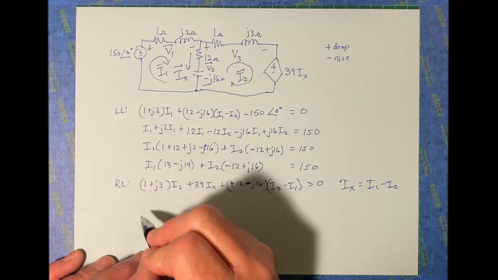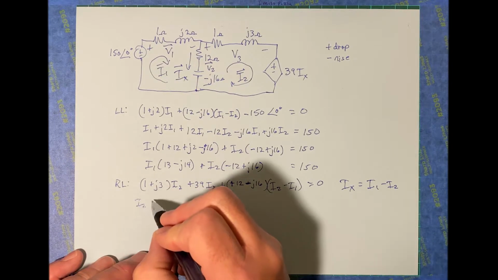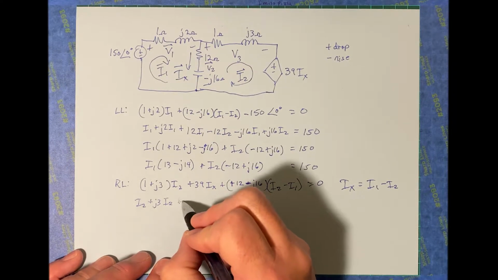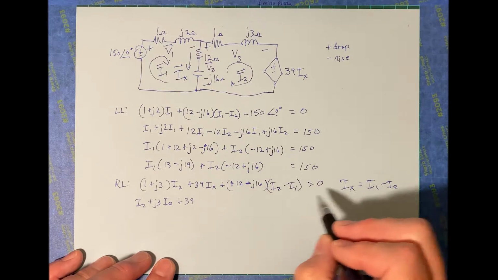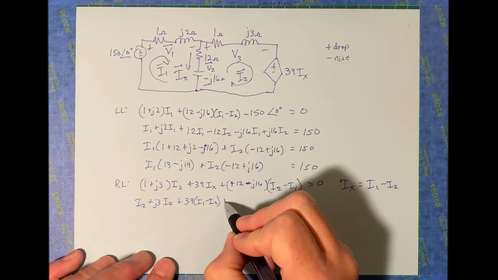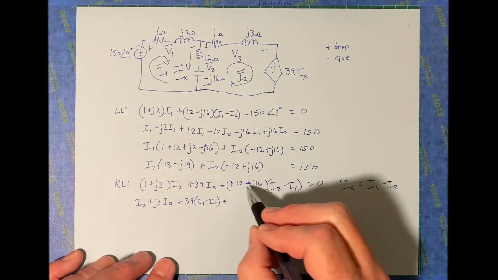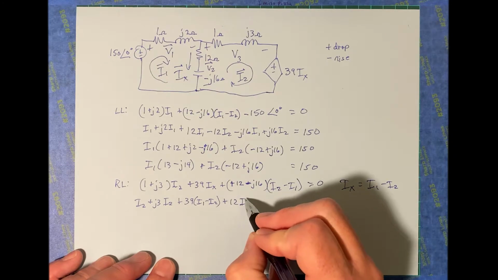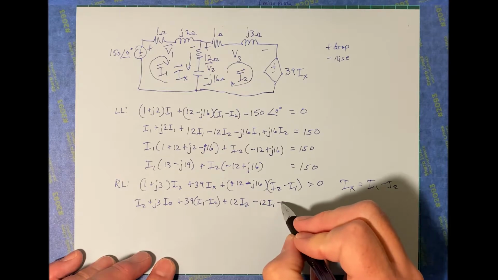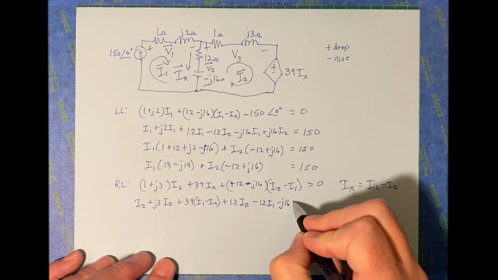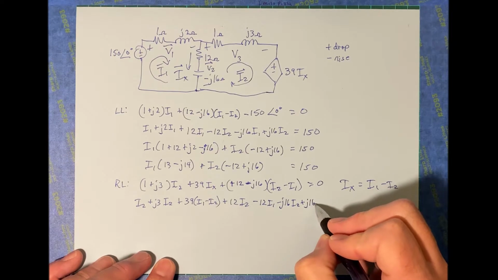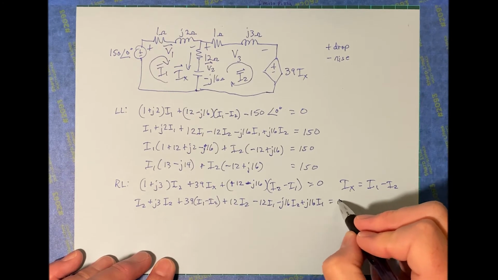So this is going to be I2 plus J3I2 plus 39I1 minus I2 plus 12I2 minus 12I1 minus J16I2 plus J16I1, and that's equal to 0.